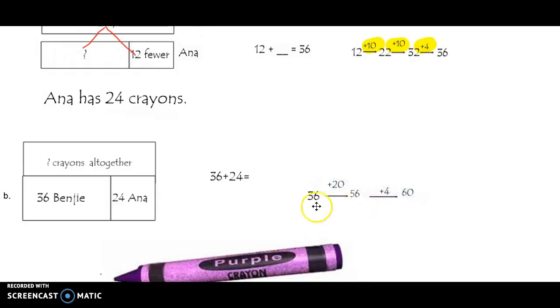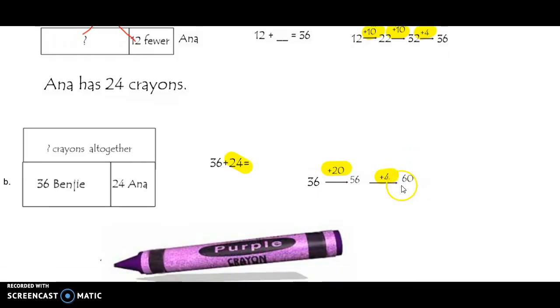All right, so to solve, I simply said I'm going to start with 36. Then I'm going to have to add 24. So 36, and when I break that down, decompose it, I know that it has a 20 and a 4 in it. So 36 plus 20 gives me 56, and then 56 plus 4 more gives me 60.